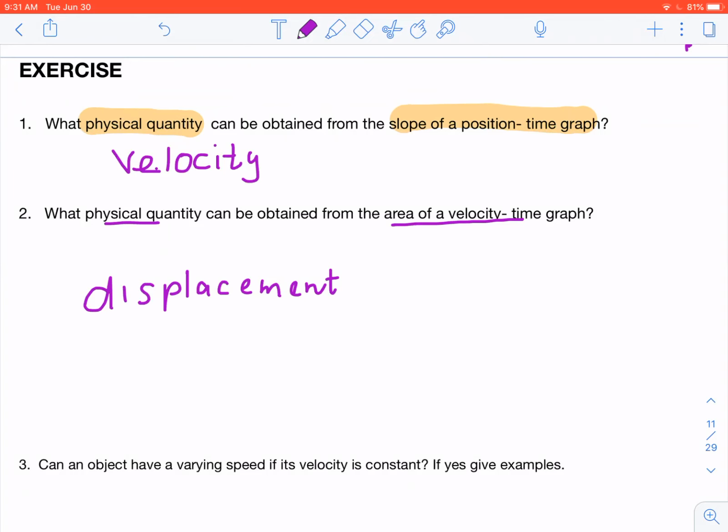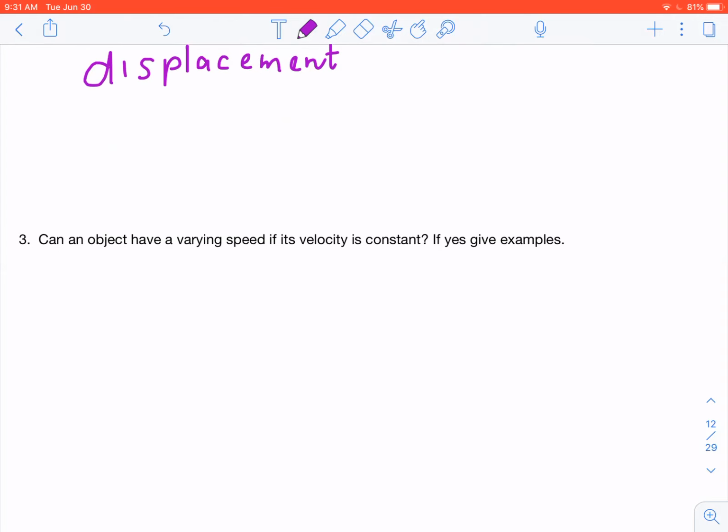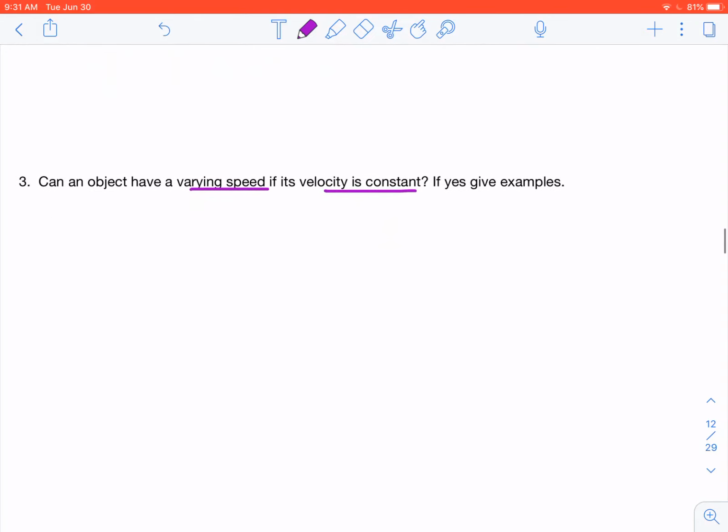So the slope of a position time graph gives us velocity, and the area of a velocity time graph gives us displacement. Now the next one: can an object with a varying speed have a constant velocity? Sorry, can an object have a varying speed if its velocity is constant? If yes, give examples.